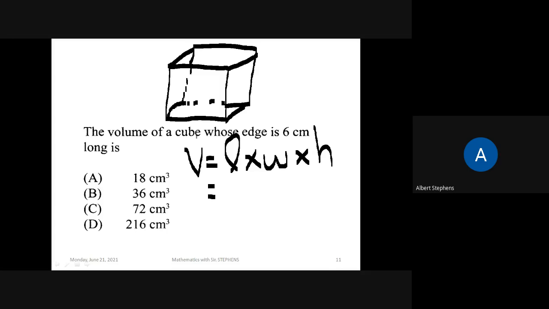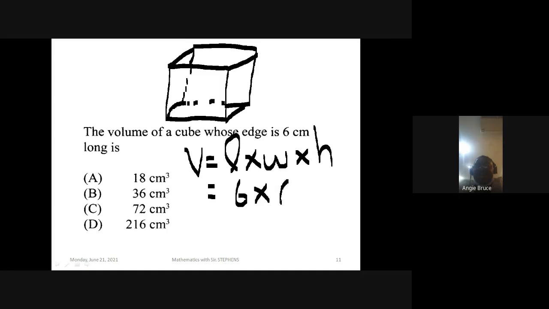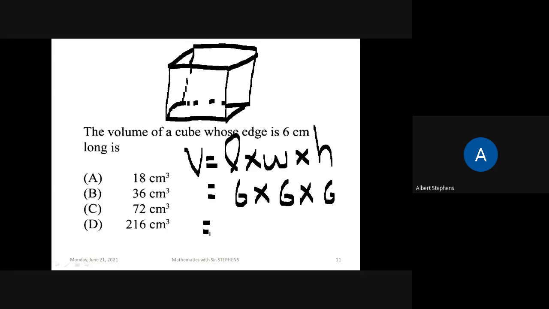Now, if one side is 6, it means all sides are 6. What's 6 times 6 times 6? 6 sixes are 36, times 6 again. 36 times 6, 72, sir?